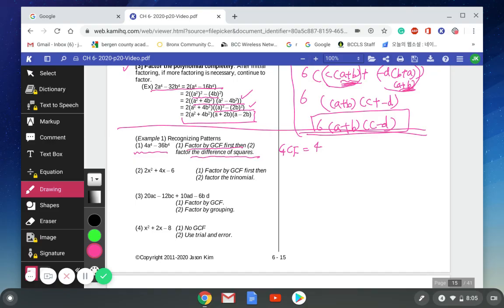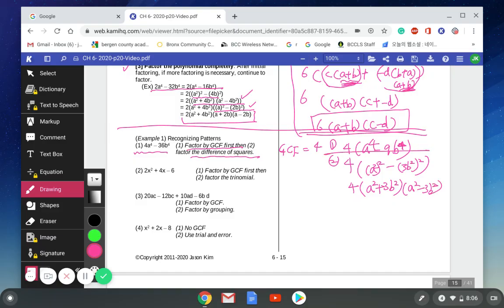So take a 4 out, you get a to the fourth minus 9b to the fourth. Then you change this one into a squared minus 3b squared, so you end up with a squared plus 3b squared with a squared minus 3b squared. So first you take the GCF out, and then you try to make it a special polynomial format.